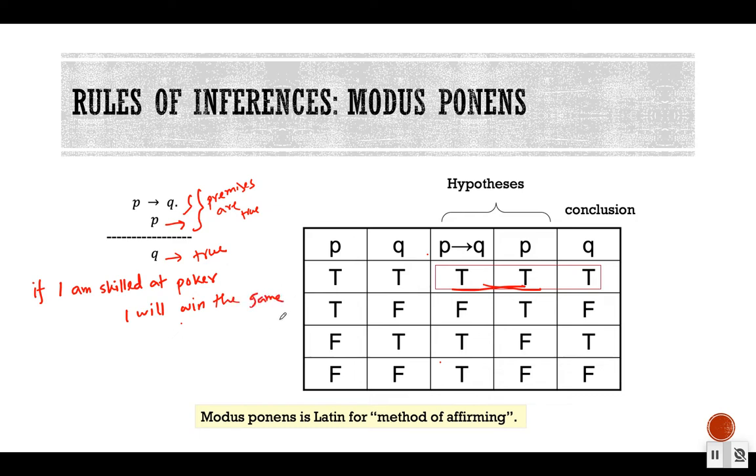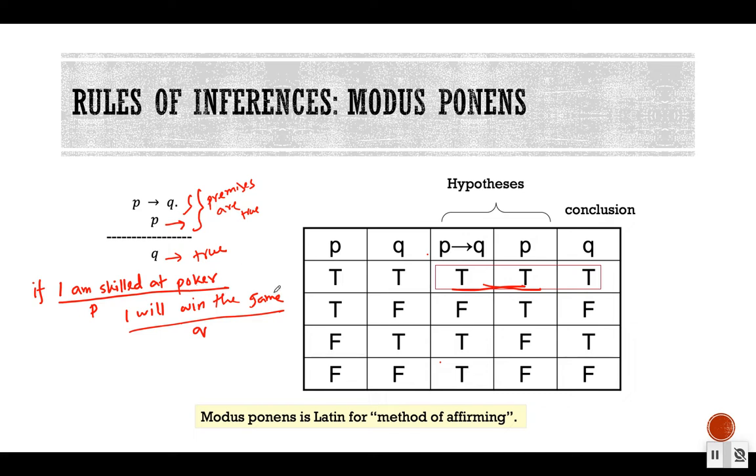That's one of my hypotheses. If I'm skilled at poker, I will win the game. Let's say this is my P, and I win the game is my Q. This is a conditional statement, or implication.